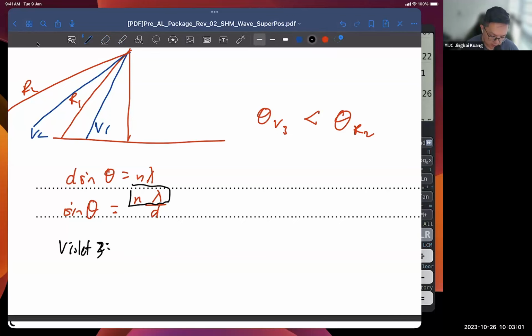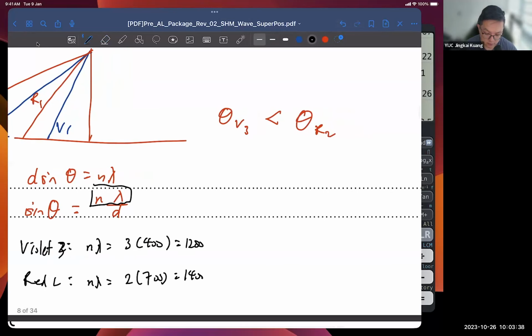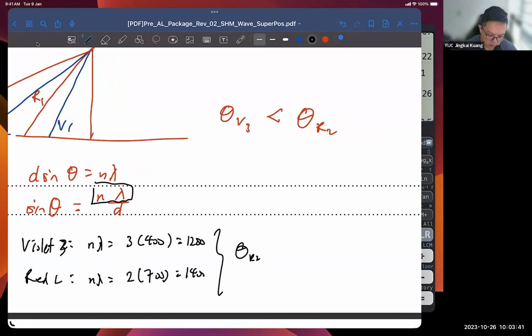My n lambda becomes 3 times 400 equals 1200. Then for red 2, my n lambda becomes 2 times 700, which is 1400. Since 1400 is larger than 1200, I expect for red 2 my theta to have a larger value. So going by these two, I can know that theta R2 is larger than theta V3. So you overlap. Yeah.